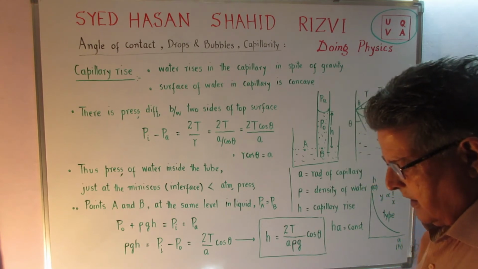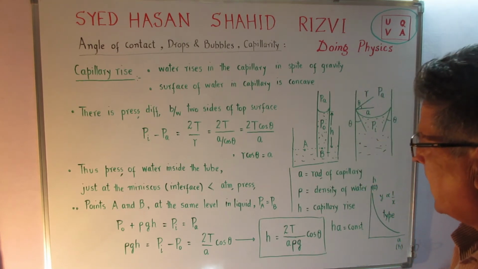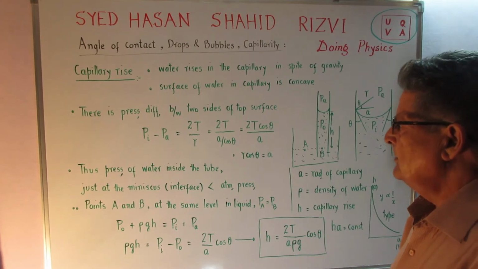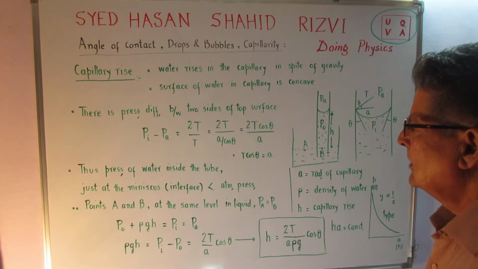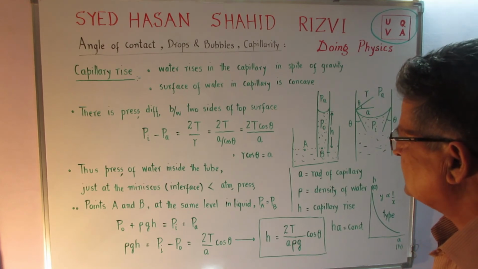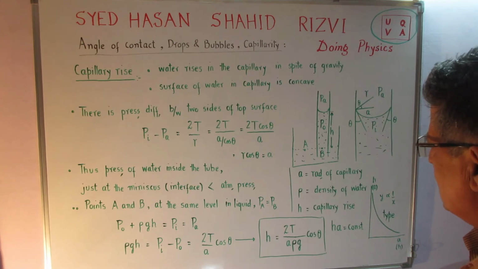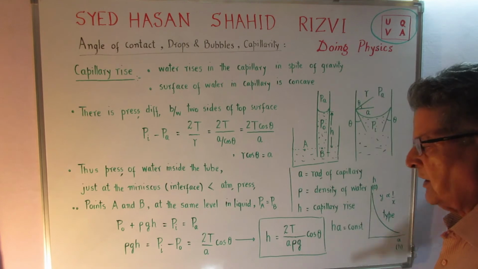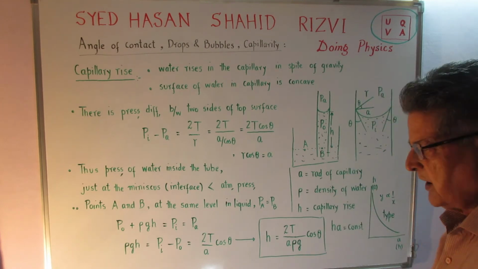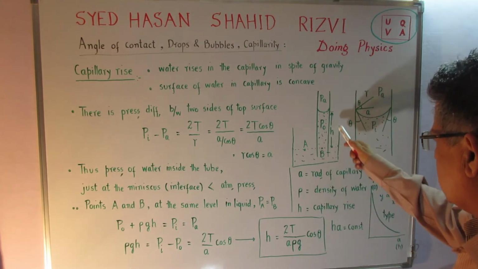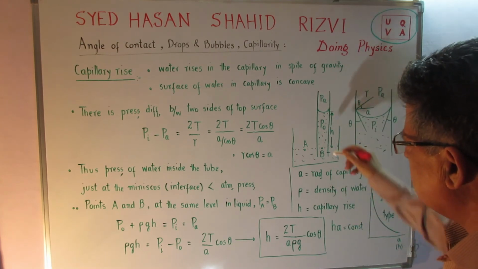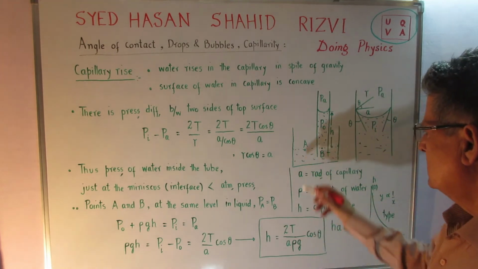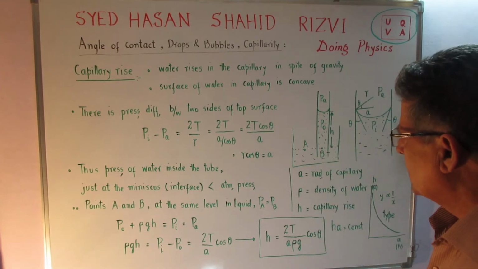Conversely, if instead of this we had mercury, which does not wet the glass sides, then instead of a concave spherical surface it will be a convex spherical surface, and there will not be any rise. Instead, there will be a fall from the level which has been shown.